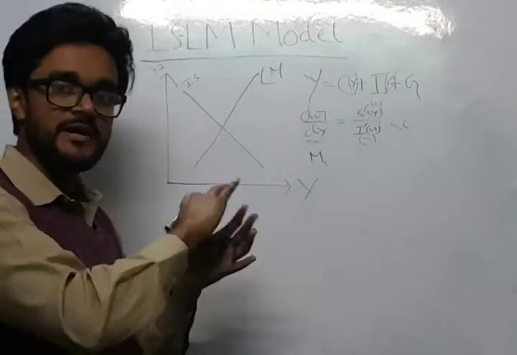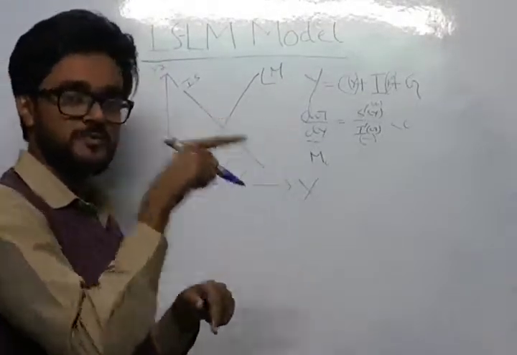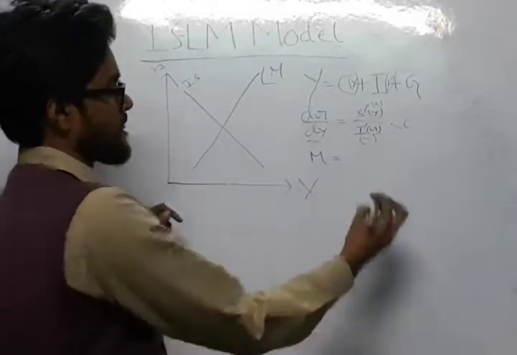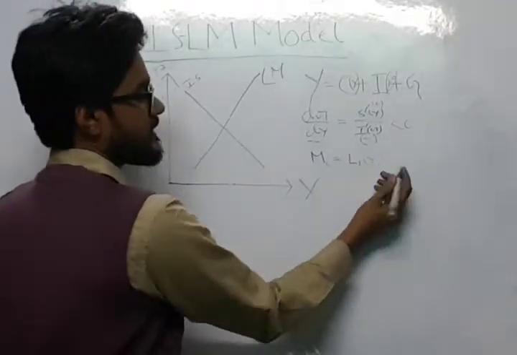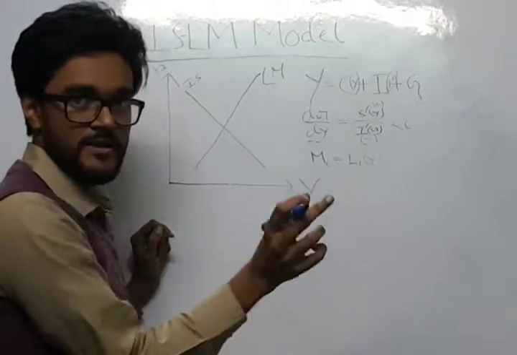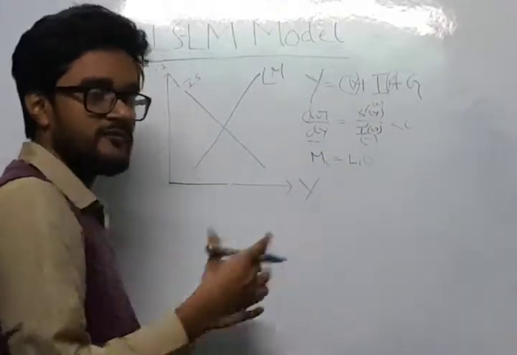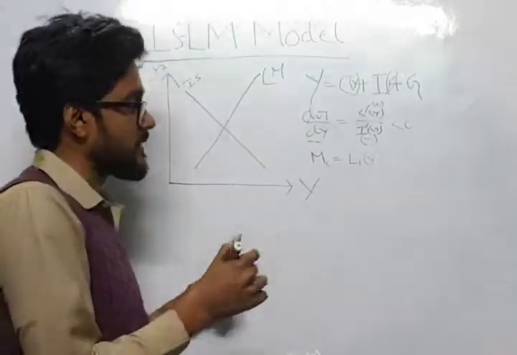The LM curve gives the equilibrium in the money market, and the IS curve gives the equilibrium in the goods market. So money supply equals L1Y. This is the transaction demand for money, the money that you demand for everyday transaction purposes, and also for precautionary purposes.